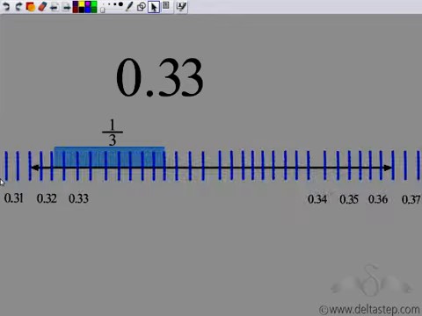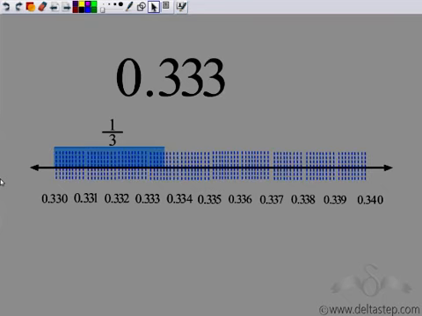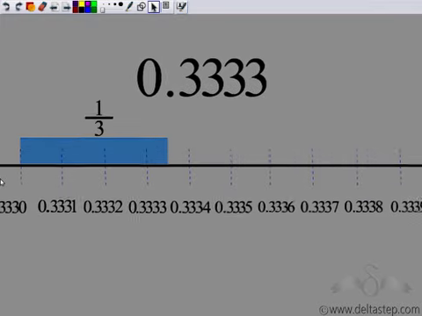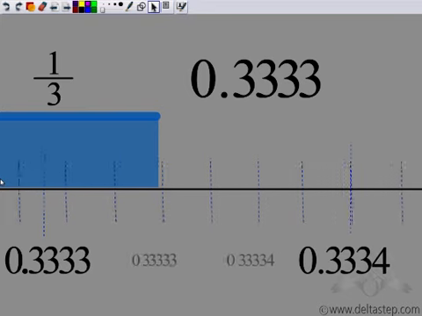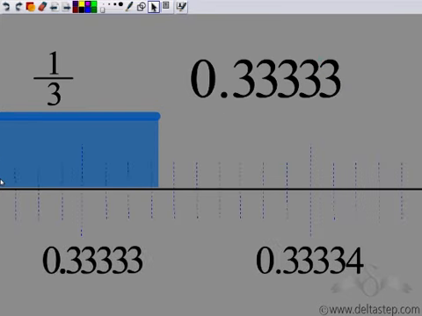So I divide it further. Now further on dividing, I see that it still lies between 0.333 and 0.334. So I keep on dividing into further divisions, and what I see is that even on repeating the process again and again, 1 by 3 does not perfectly fit into any division.